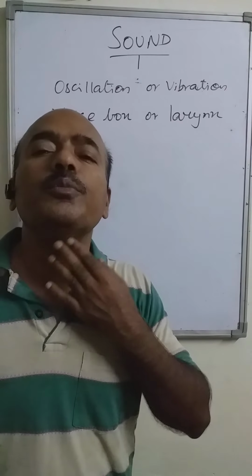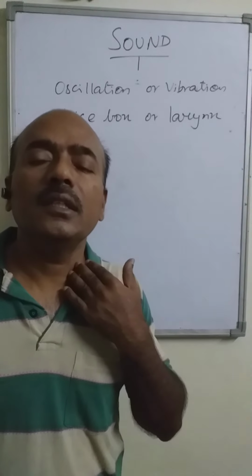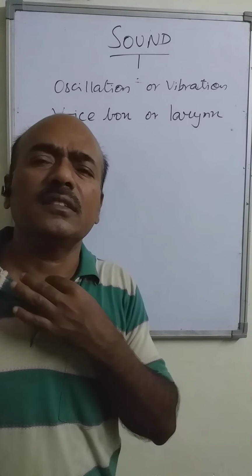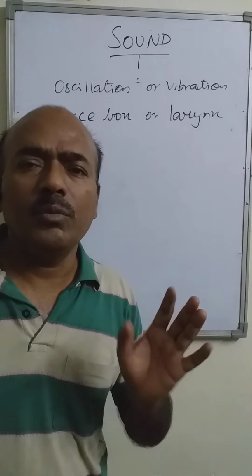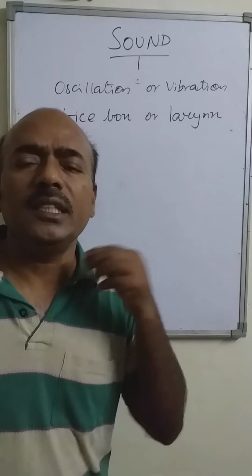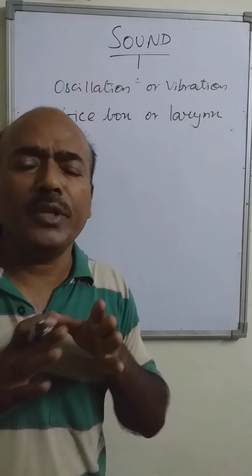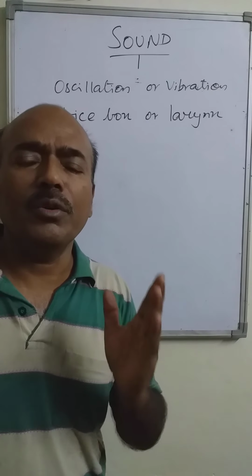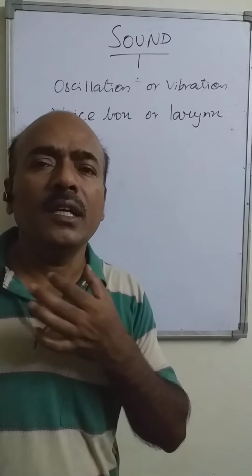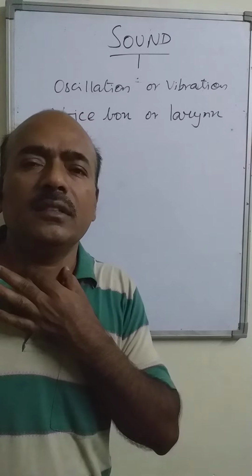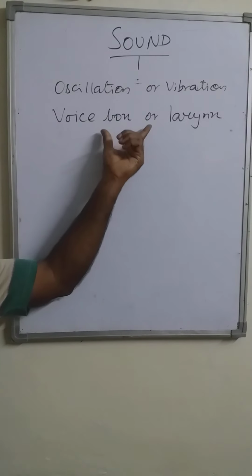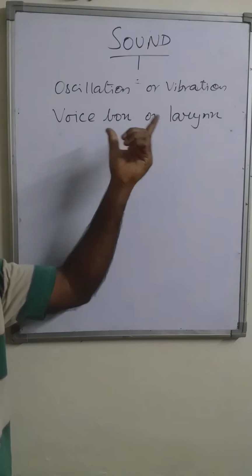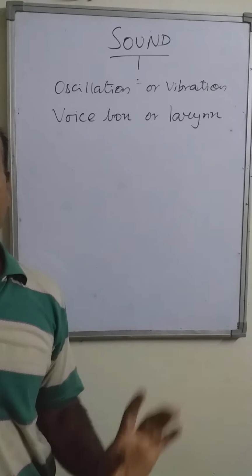This is the voice box, this part. There are so many other organs inside, but we are not concerned about those different parts. We are not going biologically. We need only the physical concept involved in that organ. So the sound from the human being is produced by the voice box.